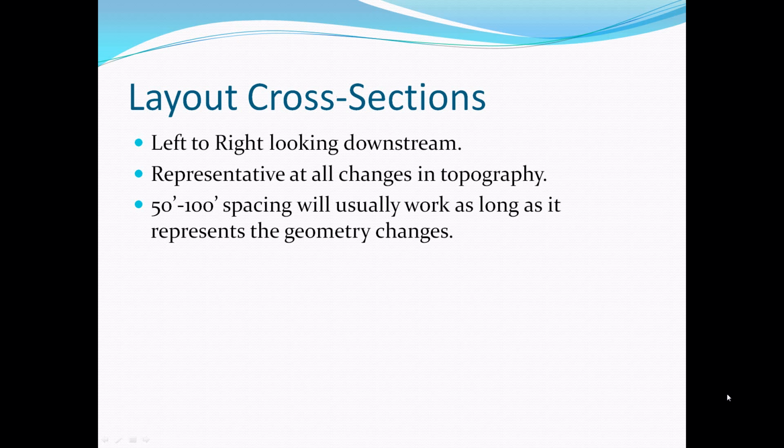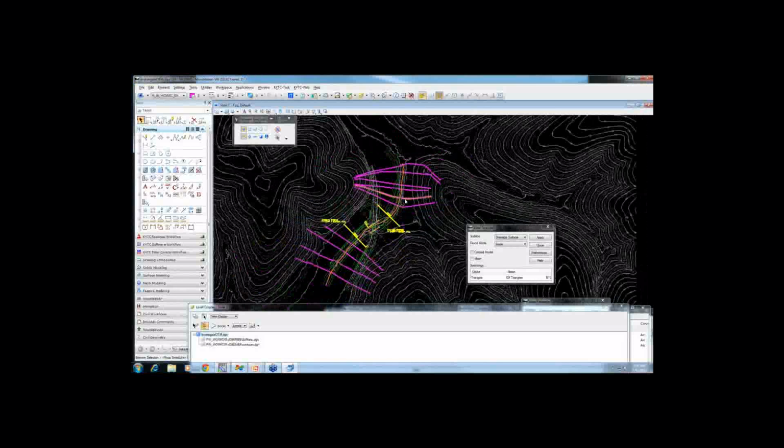And so usually what I like to do is find all those places where I definitely need cross sections, and then just fill in the gaps with 50 to 100 foot spacing, just to try to get a good representation of the reach. And so that's how I've done this.